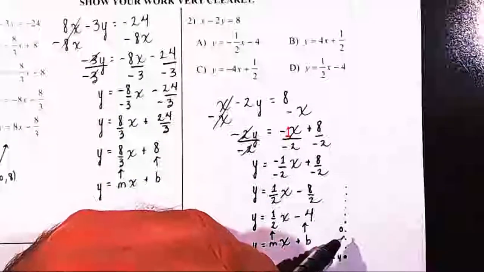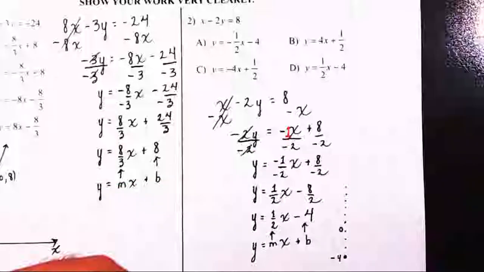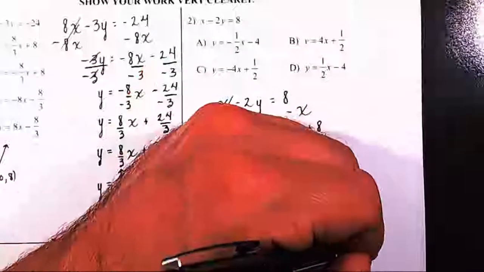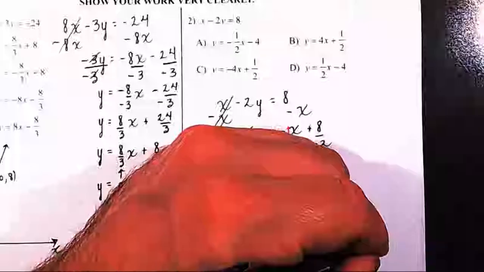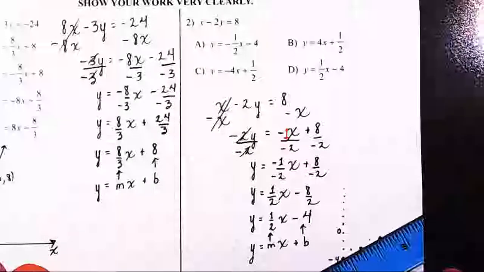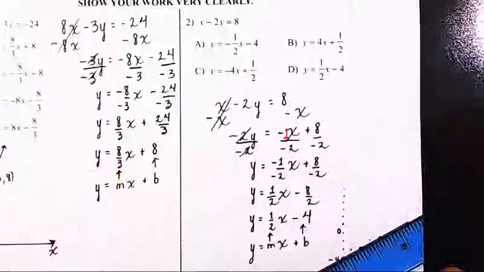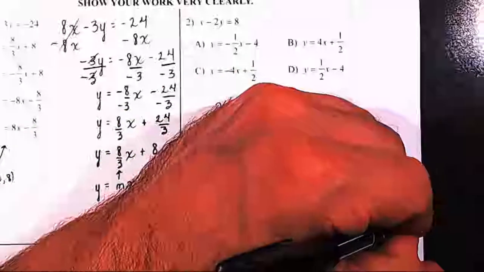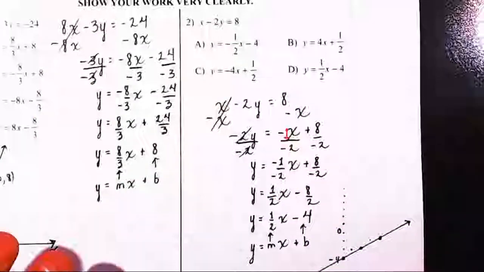And now I can graph this equation by going up 1 and then over 2 to the right. So starting at -4, go up 1, right 2, like that. And then up 1, right 2. So if you wanted to graph this line, you can do so really quickly, just like that.